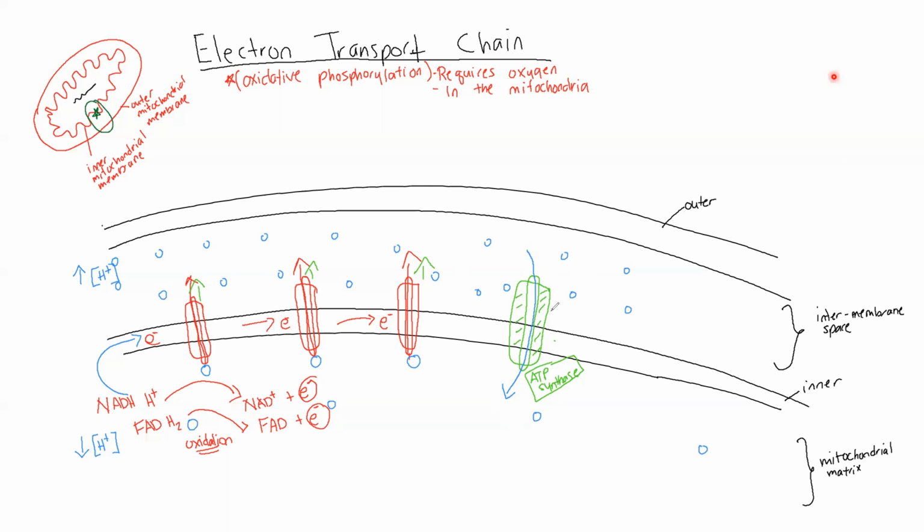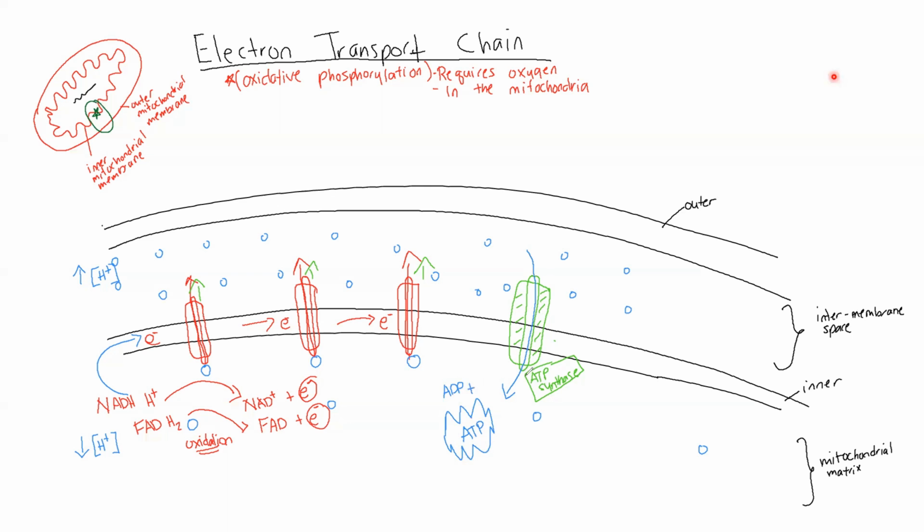So the movement of all these hydrogen ions through the final transporter, which is the ATP synthase, is what will yield the maximum amount of ATP. Okay, that's why we call this transporter the ATP synthase, because it's going to synthesize ATP. It's going to take the ADP that we have in the cell here.